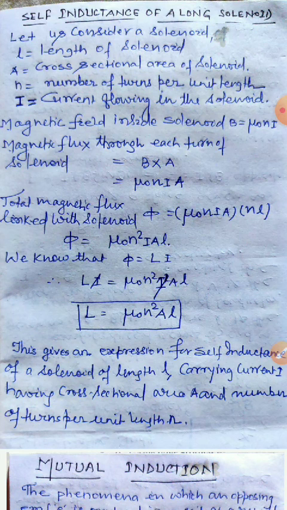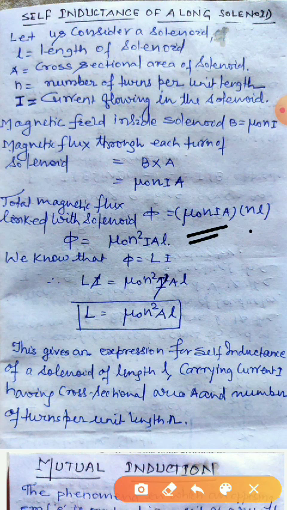Then magnetic field inside solenoid, B is equal to mu naught N I. So magnetic flux linked with each turn of the solenoid will be B into A. Total magnetic flux linked with the solenoid is equal to magnetic flux linked with each turn into total number of turns. We know that phi is equal to L into I. So comparing these two equations, we get the expression for L as mu naught N square A into L. So this gives us the expression for self-inductance of a solenoid.